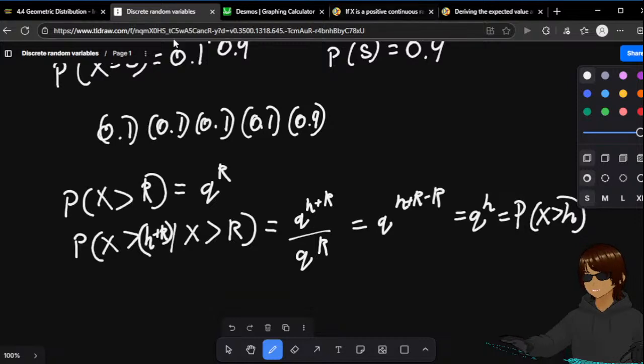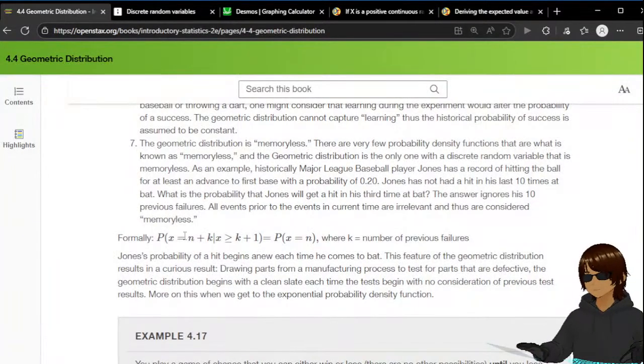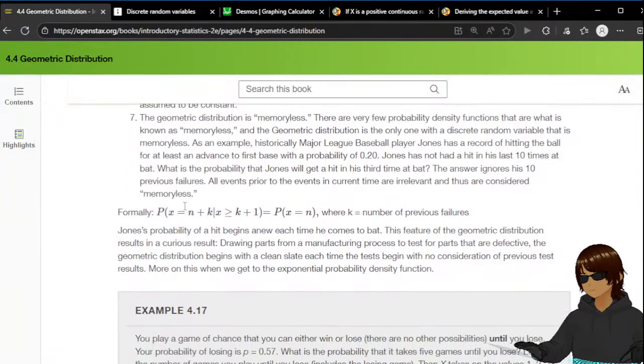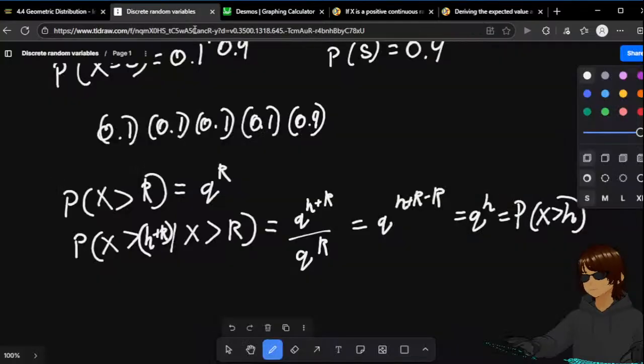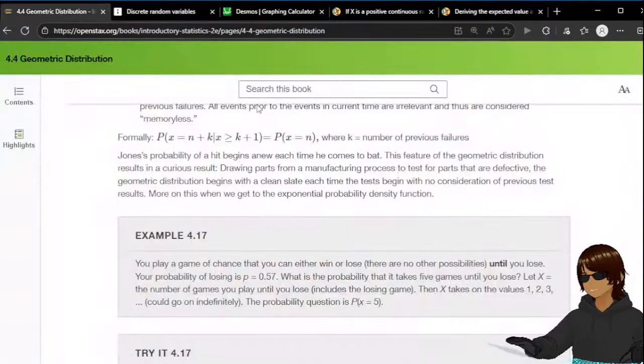Yeah, this is the memoryless property, right? I think there's a mistake here. I think they meant, oh no, they're talking about equal over here. Yeah, then equal is correct.